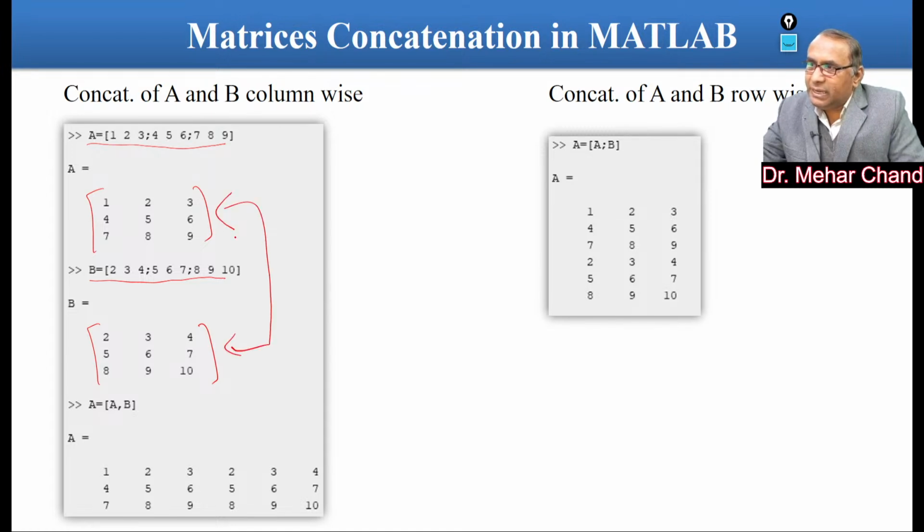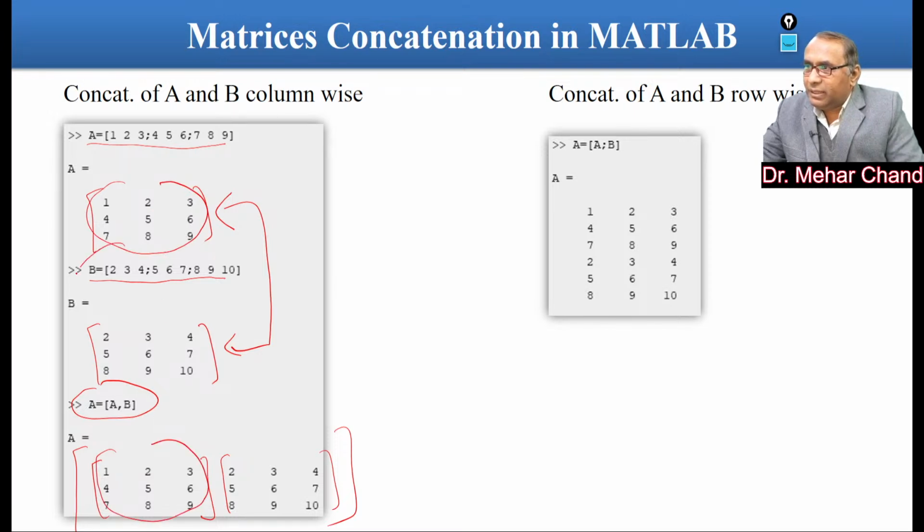The statement here is A is equal to A comma B. When you use it in this way, this is A matrix and this is B matrix, and this is the new matrix. So these elements appear at their place, and elements of this matrix appear at this place.